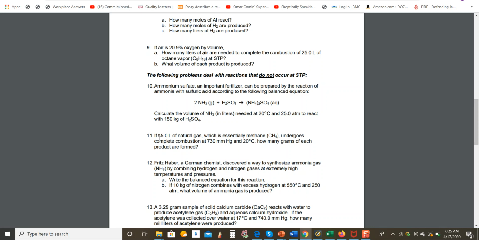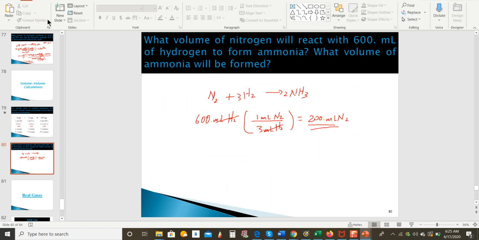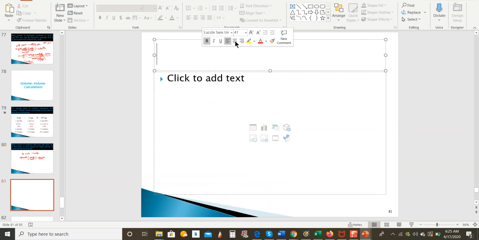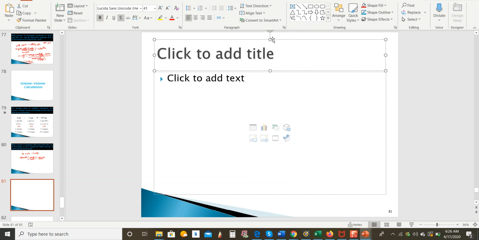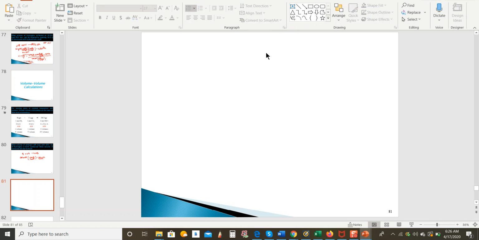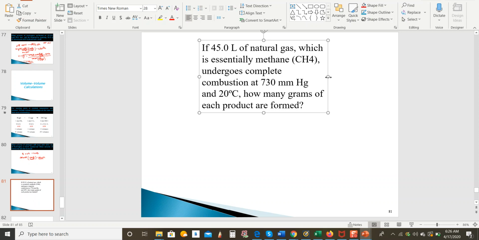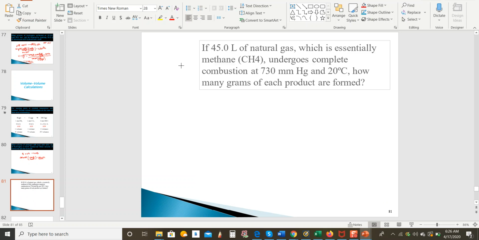Okay, here's one. Here's a nice one. Let me go back to PowerPoint. And what I'm going to do here is create a new slide and paste the question here. Okay, so let me just make some space here so I can write the solution below.